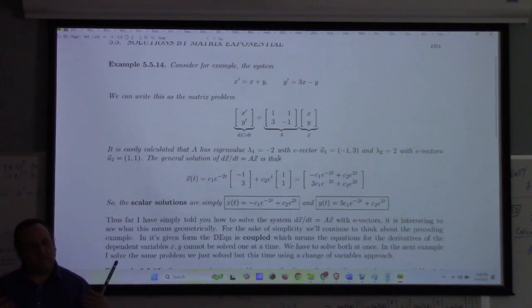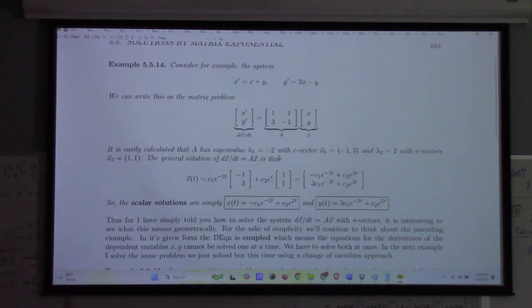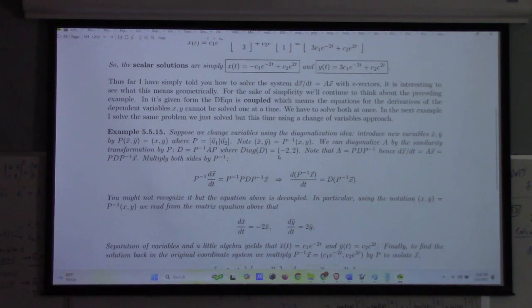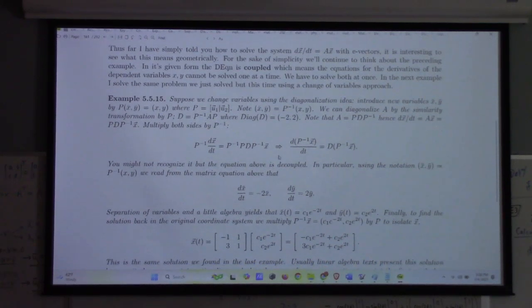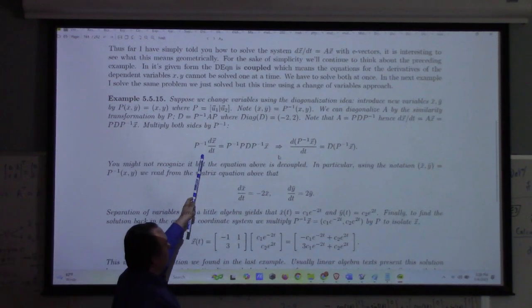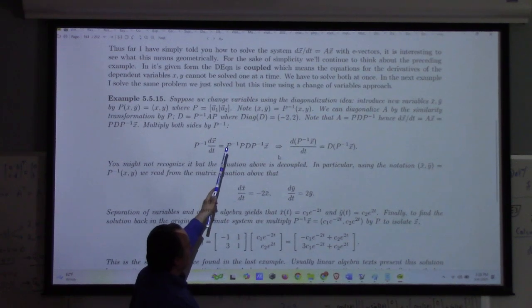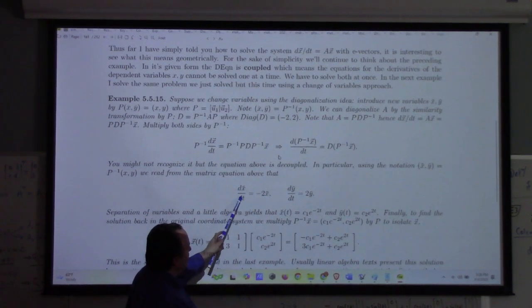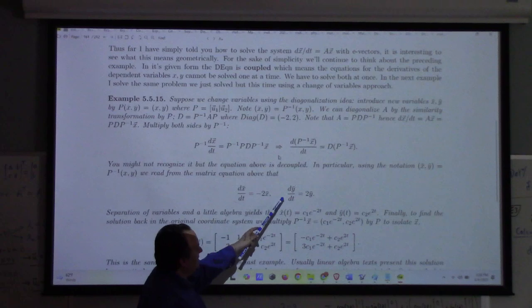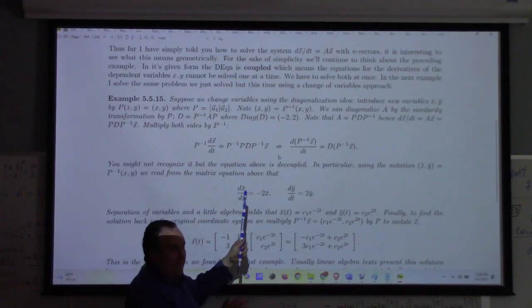What's going on geometrically is revealed here. You can actually introduce eigencoordinates by rotating coordinates using the eigenvectors. If you rotate coordinates, this system of differential equations simply becomes dx-bar/dt equals minus 2x-bar and dy-bar/dt equals 2y-bar.